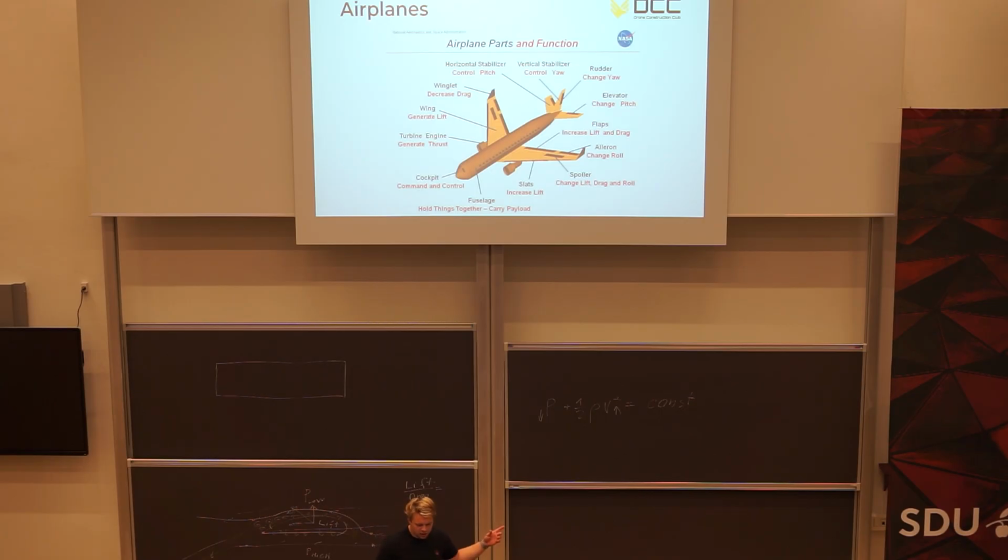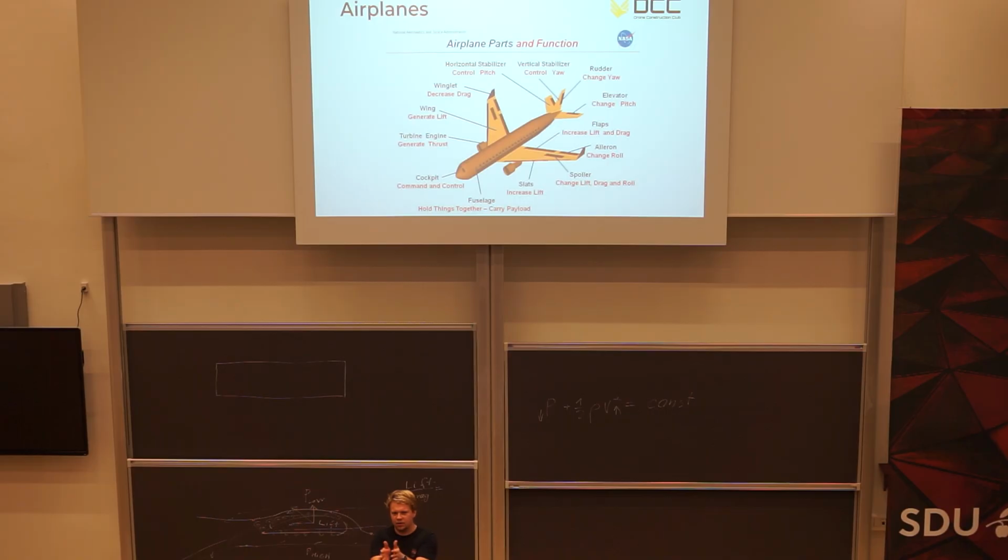Now, depending on the control surface and where it's placed, you can induce different behaviors on the airplane itself. So you have special names for them. The back parts of the airplane are always called stabilizers. The one that is horizontal, or parallel to the horizon, is the horizontal stabilizer, and then you have the vertical stabilizer for controlling yaw and stuff.